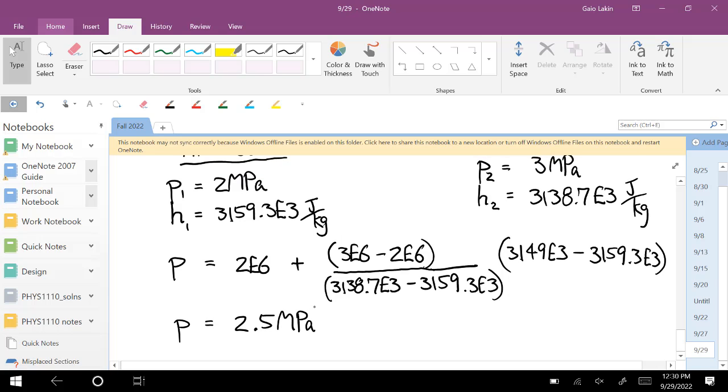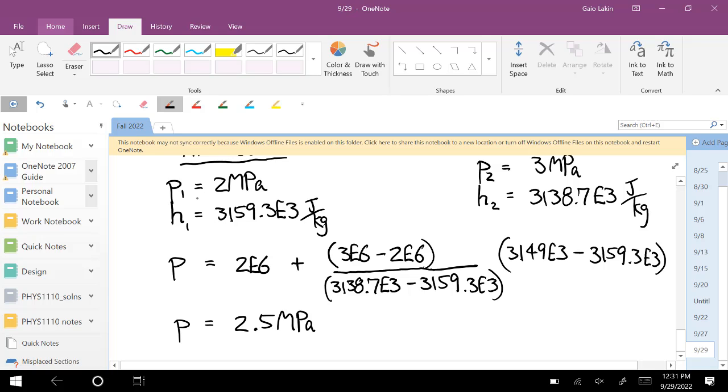Remember, one thing to be careful about with interpolations is that if you're interpolating for a function f on an independent variable x, make sure you're doing it with the x's and f's that correspond to each other. Don't just think of it as the higher value of the function minus the lower, and the higher value of the independent variable minus the lower. You know what I'm talking about?